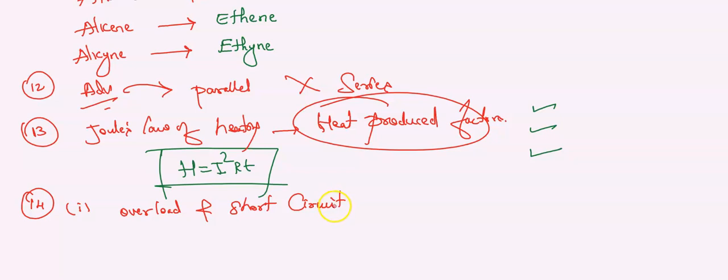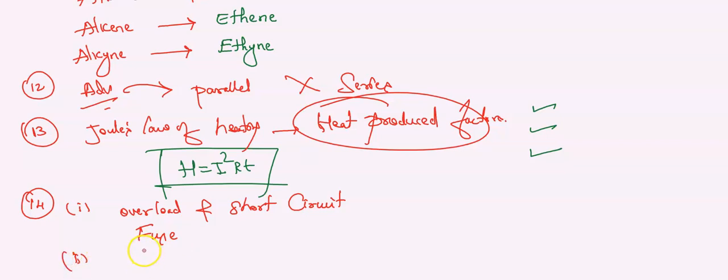Sometimes they may ask you the same question like this: write a brief note on short circuit and overloading. Like that also they can ask you, but the answer remains the same. Explain. What is the function of fuse during this situation?